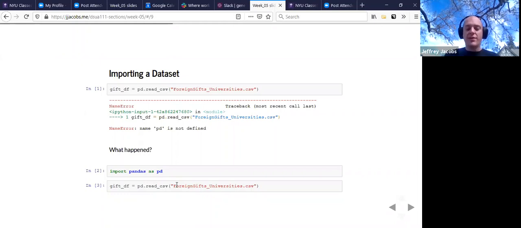So if we wanted to load it from the folder above it in the directory tree, we'd write 2 dots, then a slash, and then foreign gifts underscore universities. So if you see dot dot slash stuff, the dot dot just means go up one level. But in this case, our CSV is in the same directory.